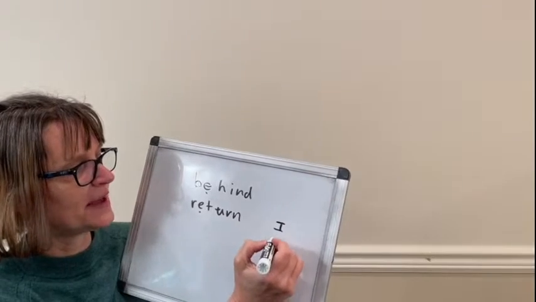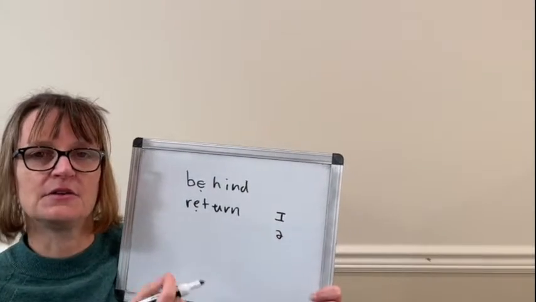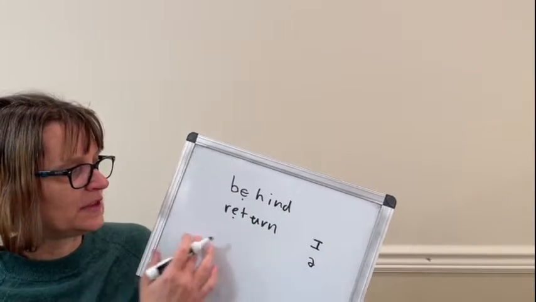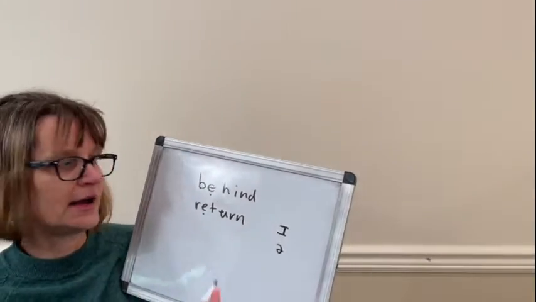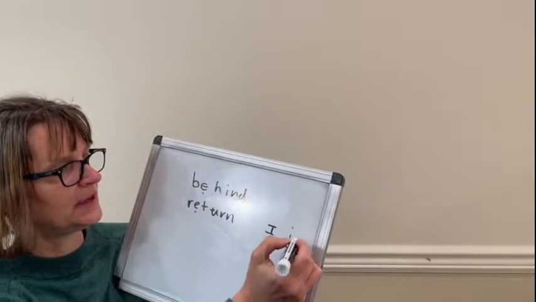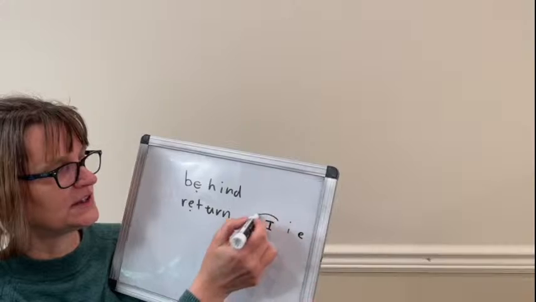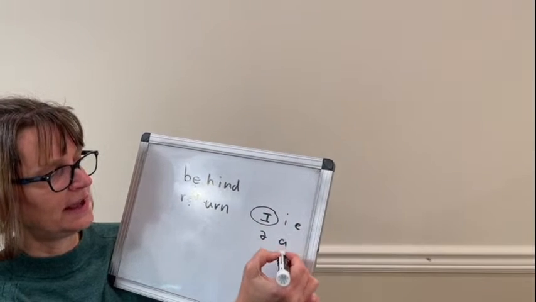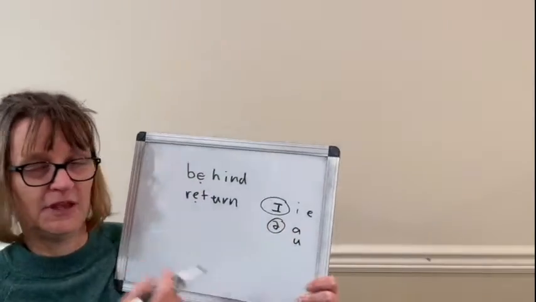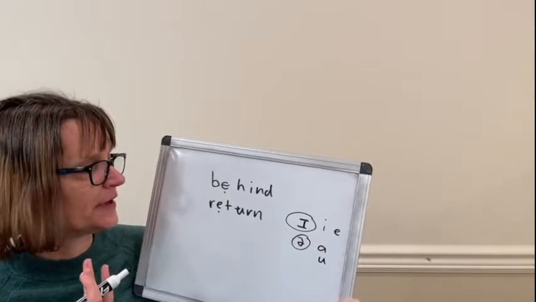But if I say them with a schwa, it's not going to matter that much. Similarly, within a word, letters I and E in the unstressed syllable are often going to say the I sound. Letter A or U is often going to be written as the schwa sound.